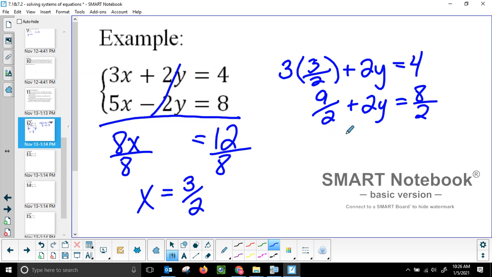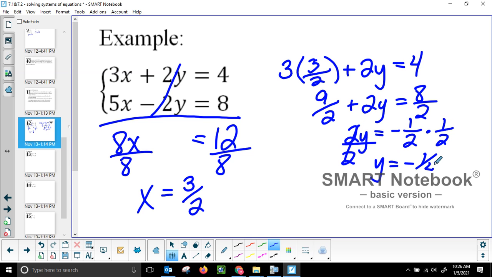So I subtract 9/2 from both sides. So 2y will equal negative 1/2. Dividing by 2 is the same thing as multiplying by 1/2. So y is going to equal negative 1/4. So our point of intersection would be 3/2, negative 1/4.